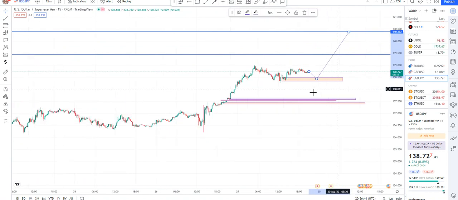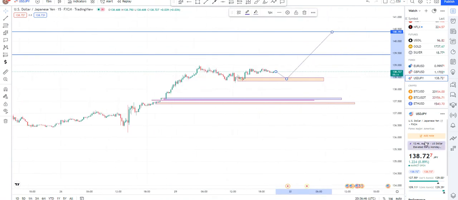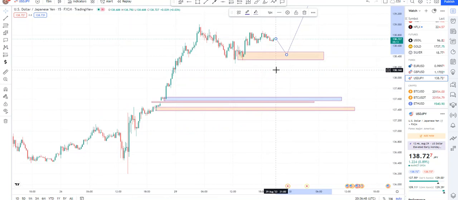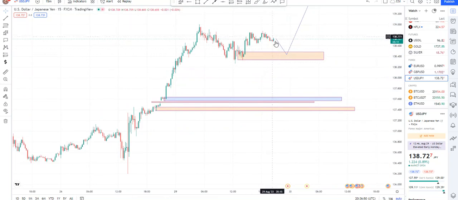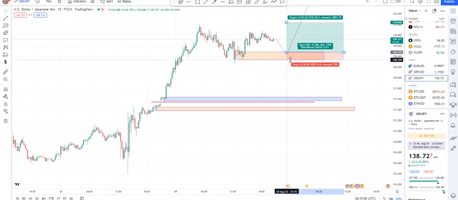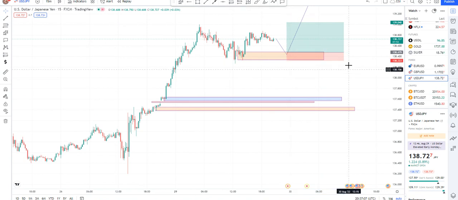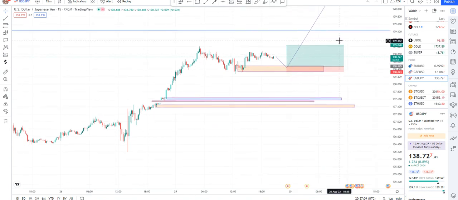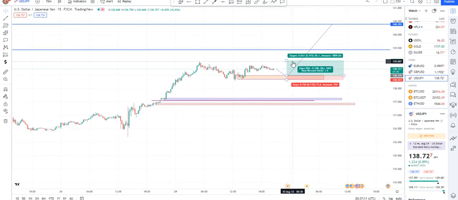So this is basically my trade idea. My trade idea here is to buy here if it reacts here. So that will basically be like this. Stop loss there, and take profit at the end of the daily imbalance.